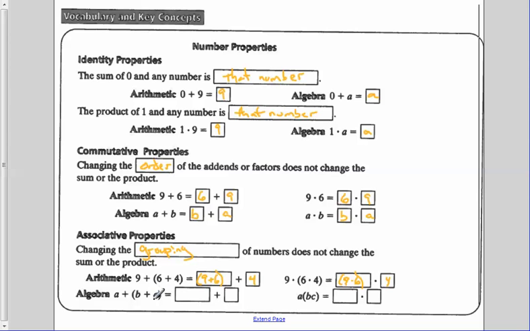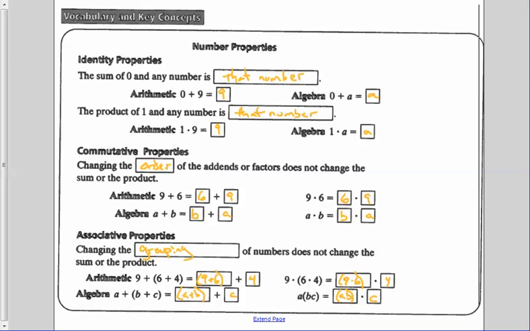And in algebraic terms, we could say a plus b plus c would be like saying a plus b plus c. And a times in parentheses b times c would be just like saying in parentheses a times b, ab, and parentheses times c, which is outside of it.